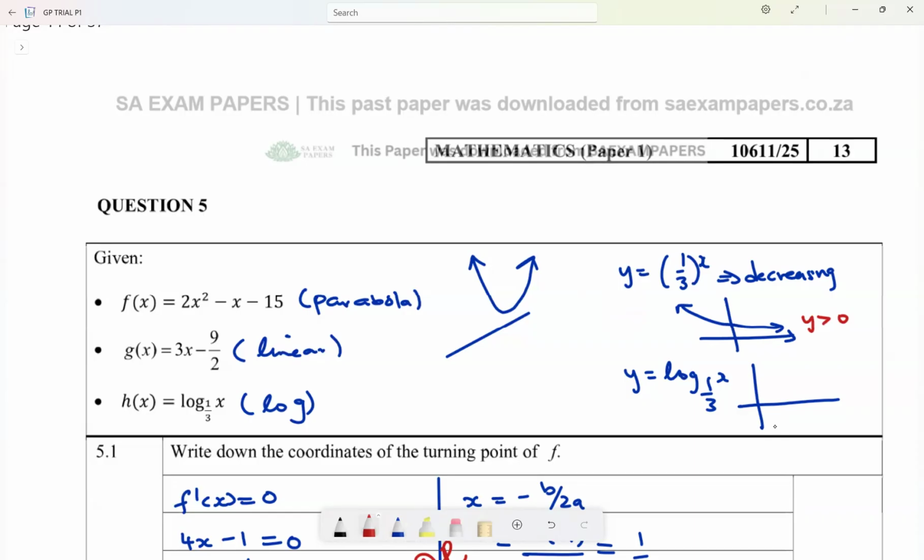Because remember, when we go to the inverse, we swap x and y. So if this one does not touch the x-axis, its log is not supposed to touch the y-axis. And it is decreasing. So this one will also decrease like that. So this is how our function should be. It does not touch the y-axis.